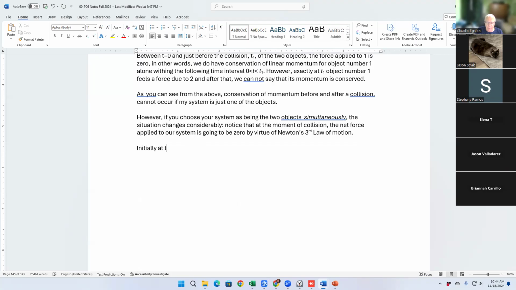Initially at t equal to 0, right? We're going to play the movie here in words, the script of our movie.